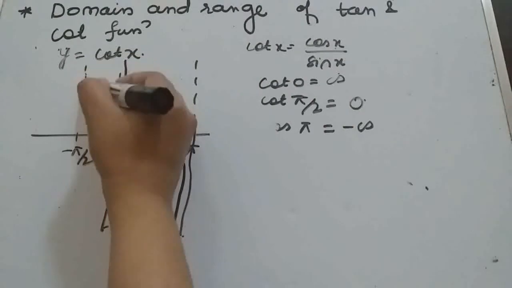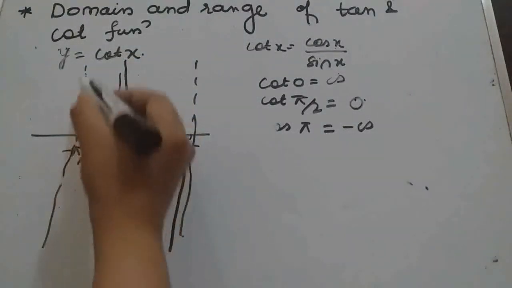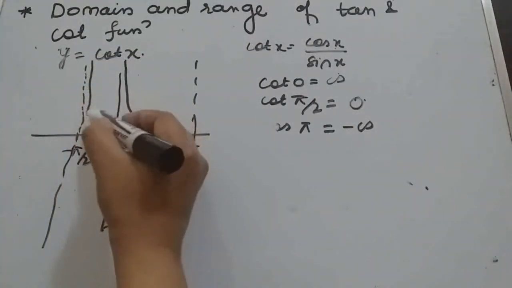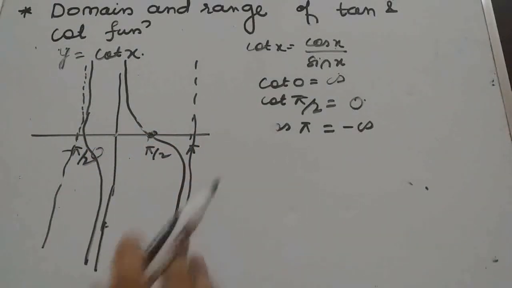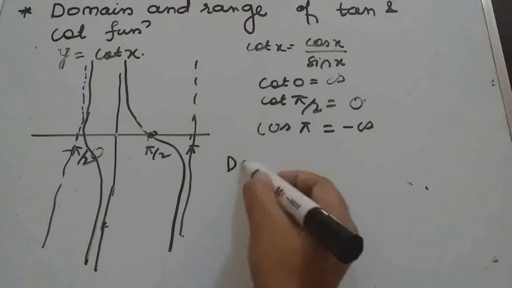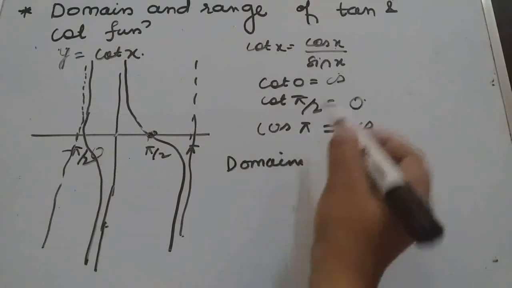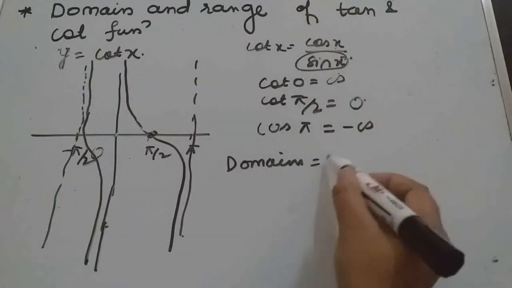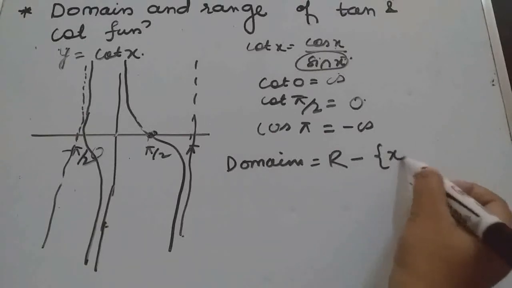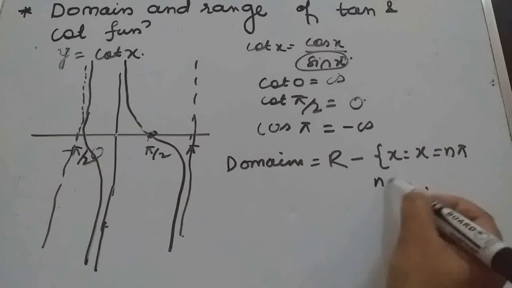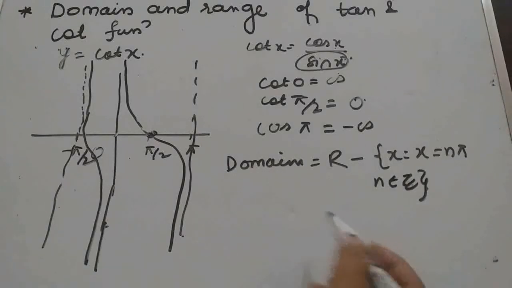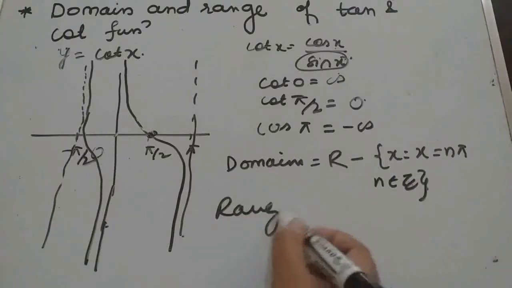Similarly here also, like this it will come. So now the domain will be what? Domain means x should not be equal to n pi. So all R minus this n pi. And the range will be the complete set R.